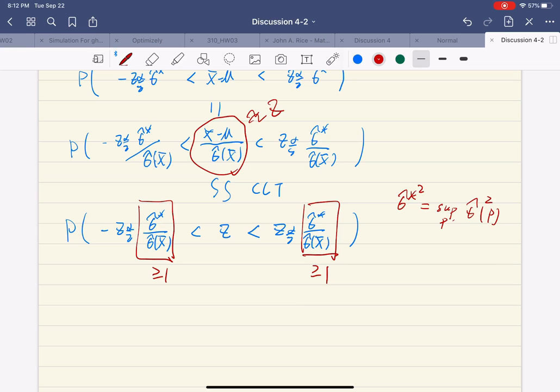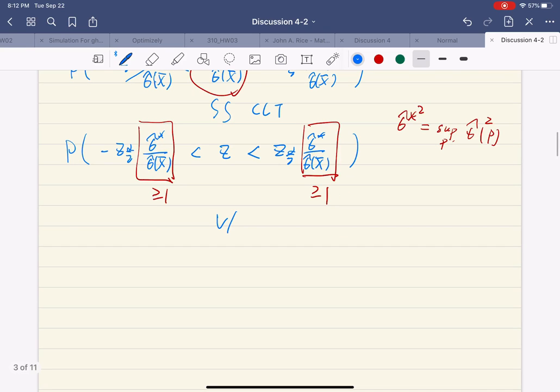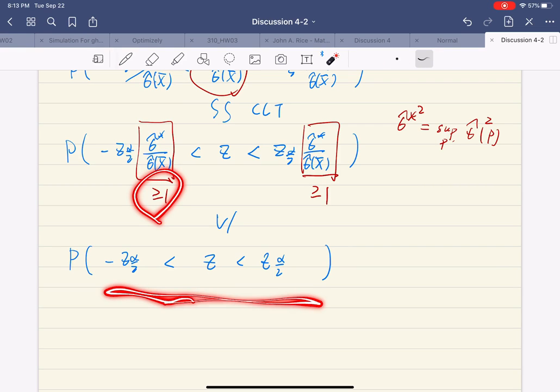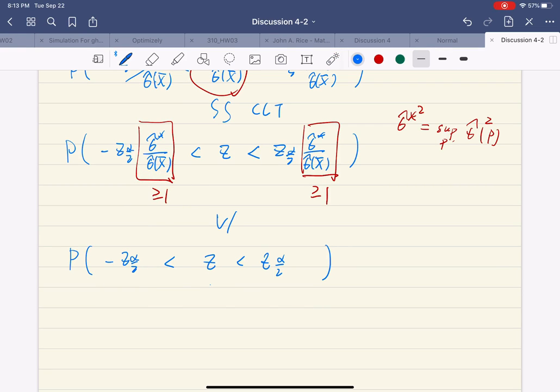So this is always greater than or equal to 1, and so this is also greater than or equal to 1. So that means this probability is greater than or equal to this. If we choose the smaller constant, the probability may be smaller, and we know this is equal to 1 minus alpha.